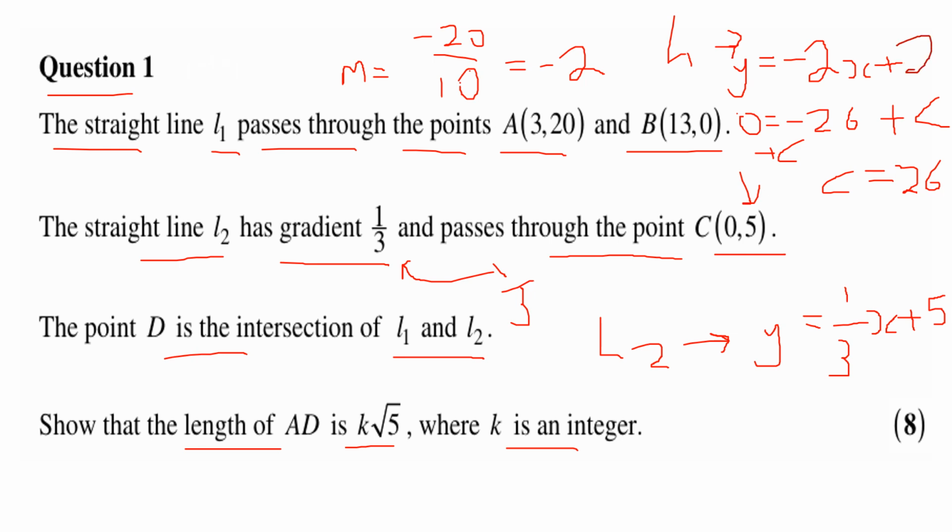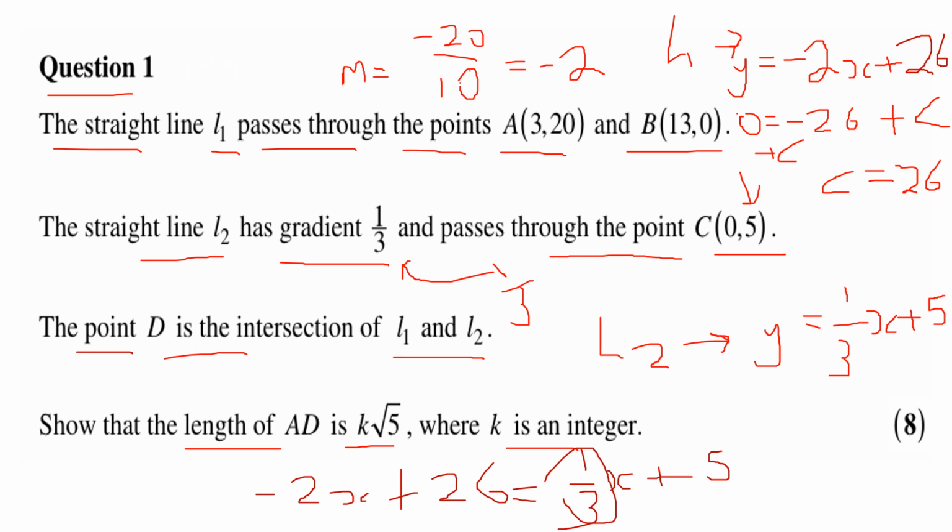Now here's the next part. They intersect at point D, so that's when we equate both equations. So we're going to have minus 2x plus 26 is equal to 1/3 x plus 5. Now to make it easier and avoid fraction work, I'm going to multiply everything by 3 to get rid of this third.